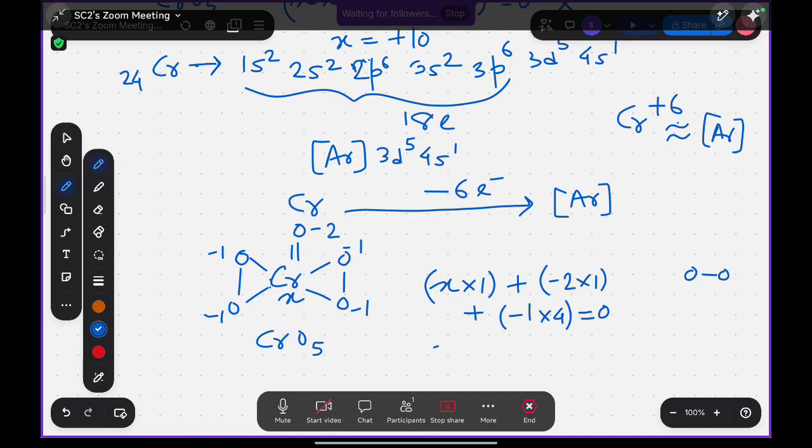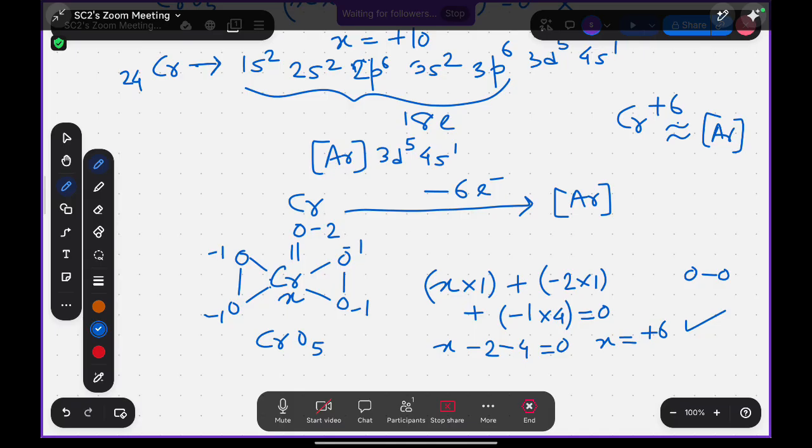So X minus 2 minus 4 is equal to 0. So X comes to be plus 6, which is definitely possible. That means if you consider all the oxygen atoms to be minus 2, an invalid oxidation state of plus 10 comes, which is not possible.